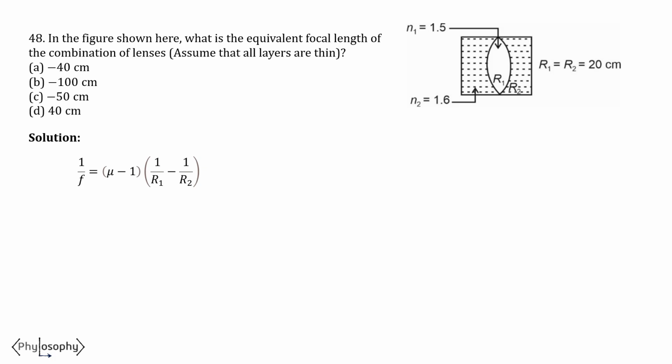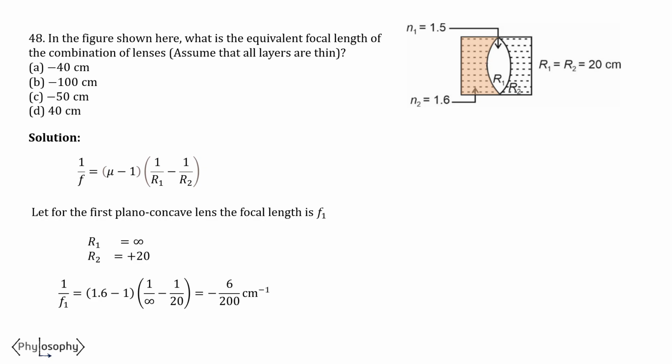Now, for the first plano-concave lens, let the focal length be f1. Therefore, r1 is equal to infinity, that is the radius for the flat surface, and r2 is plus 20. Putting these values of r1 and r2, we get 1 over f1 is equal to minus 6 by 200 centimeter inverse. Now, let's consider the second biconvex lens and let its focal length be f2.